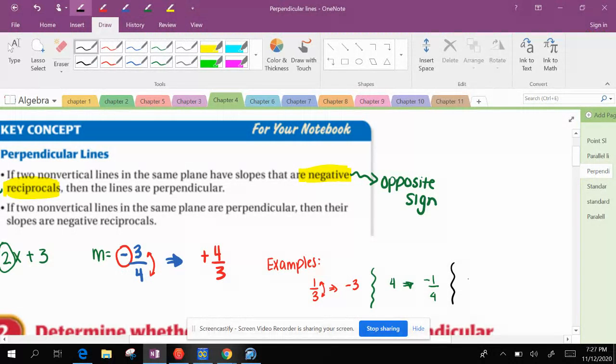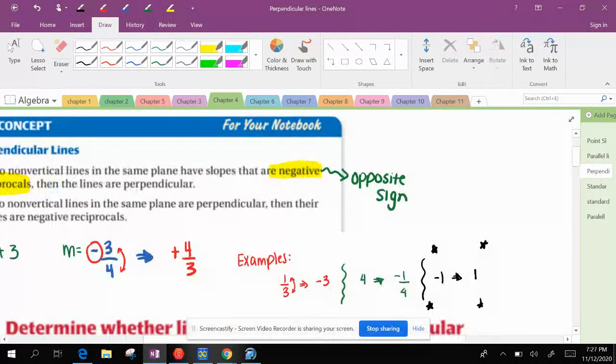If we have a slope of negative 1, this is a good one to have in your notes, its opposite reciprocal is positive 1. That's because there is underneath this a 1, and if I flip it, it's still 1 over 1, which is just 1. So it's kind of redundant to make 1 over 1 a fraction.